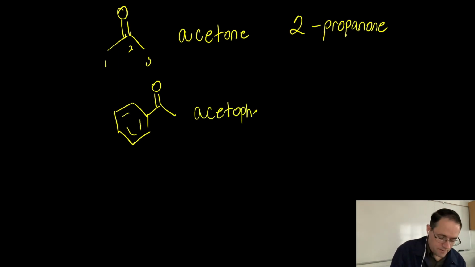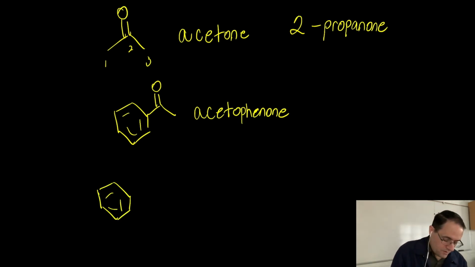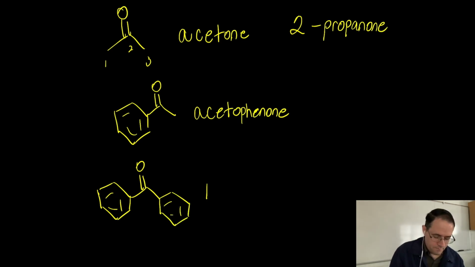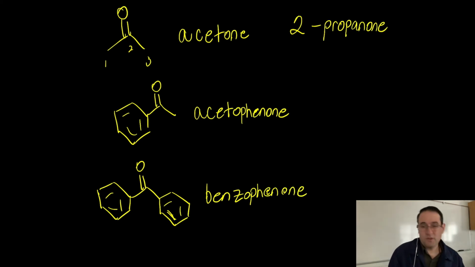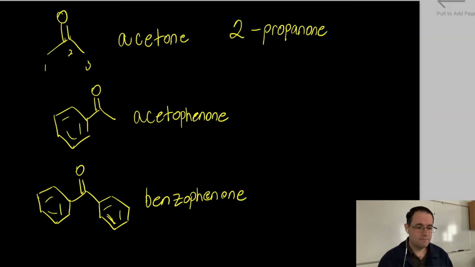It's an aromatic molecule. And benzophenone is an interesting molecule where you have 2 phenyl rings flanking the carbonyl. It depends on what labs you're doing, but you might actually use that in a photochemical reaction.